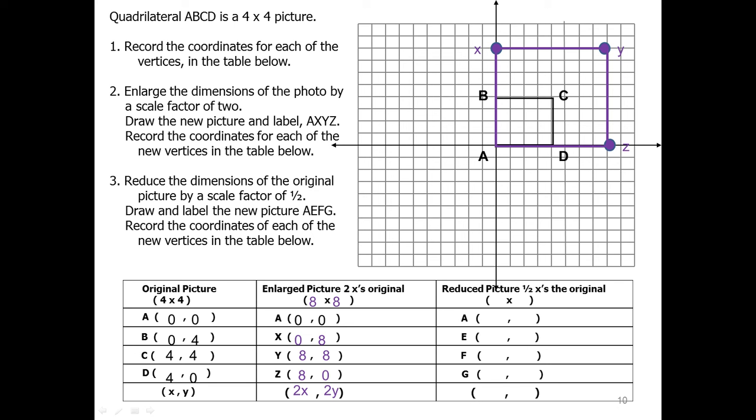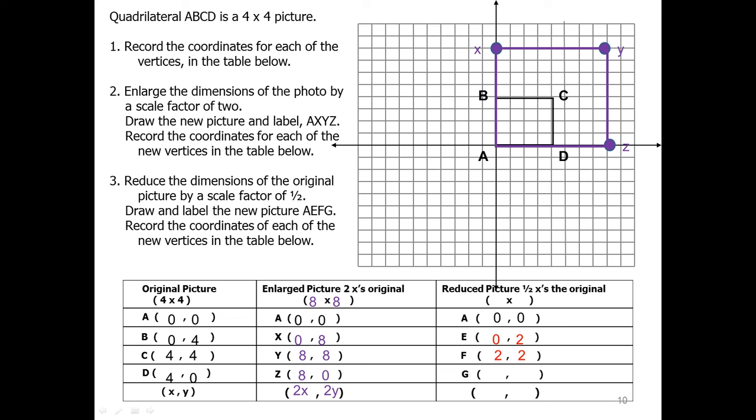Now if I was going to reduce this square by 1/2, once again you're just going to multiply. Your A coordinate's going to stay the same because 0 times anything is still just 0. Your B coordinate is going to go from 0, 4 to 0, 2 because 1/2 of 4 is 2. The C coordinate went from 4, 4 to 2, 2 because 1/2 of 4 is 2, and you're going to do that on both the x and the y.